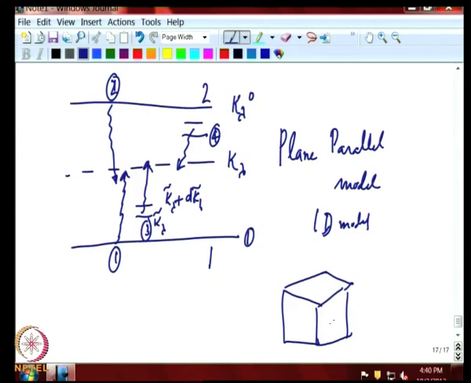This is a cubical enclosure with gas, and here the plane parallel model may not work well, because the gas inside this cubical box is getting radiation from all the 6 surfaces of the cube, and so you have to go for the full 3D formulation for this case.